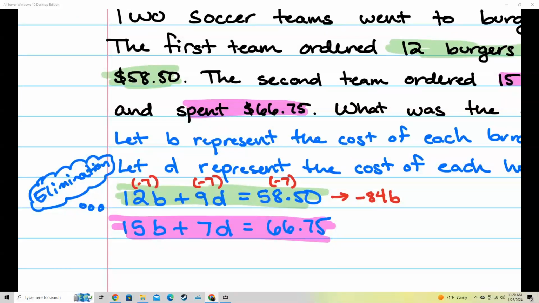That's correct. And then obviously the other one is going to be negative 63D equals, and I definitely need a calculator for this one. Let's see. This is 58.50 times a negative 7. And that gives me negative $409.50.